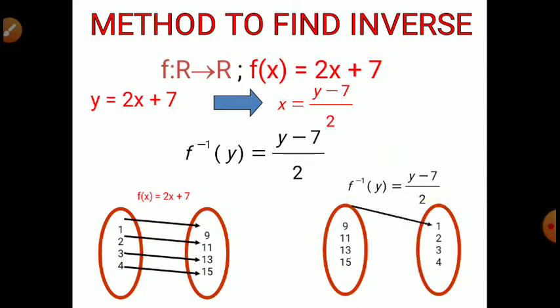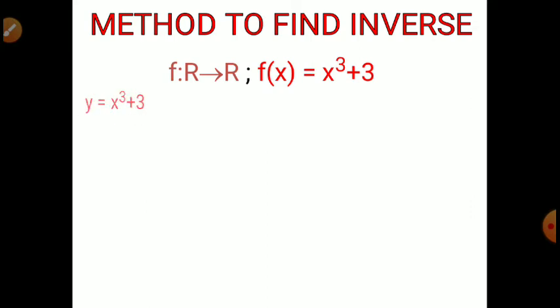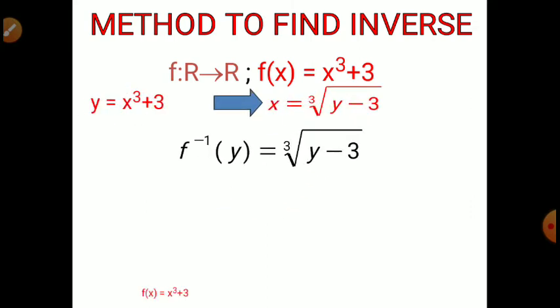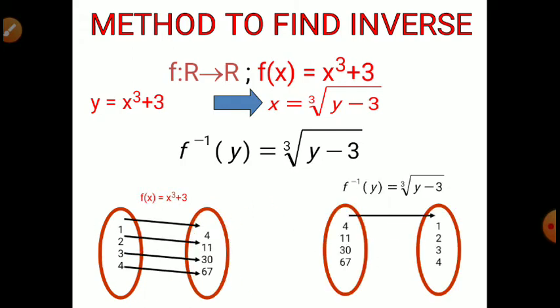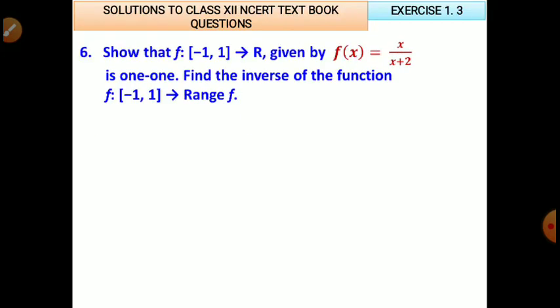Similarly for x cube plus 3, x equals f inverse of y. If it is one-one and onto only, then the inverse exists, otherwise the inverse does not exist. Do remember that. Now let us go for the sixth question.